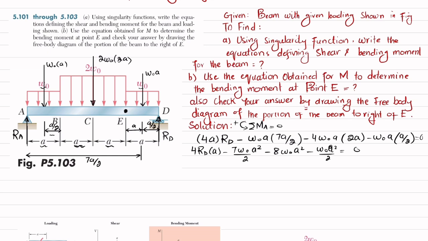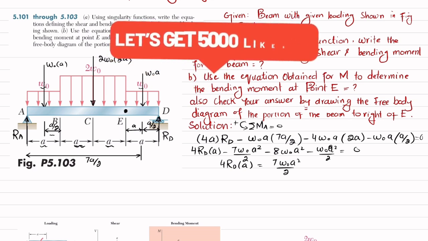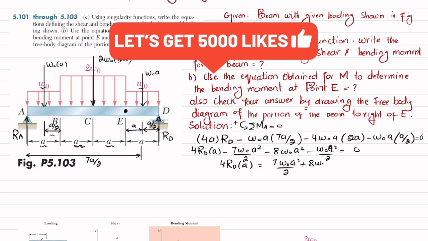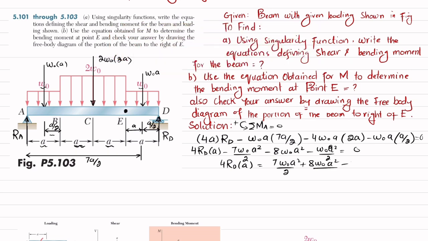So it means that 4RD into A is equal to 7W naught A square over 2 plus 8W naught A square over 1 plus W naught A square over 2.